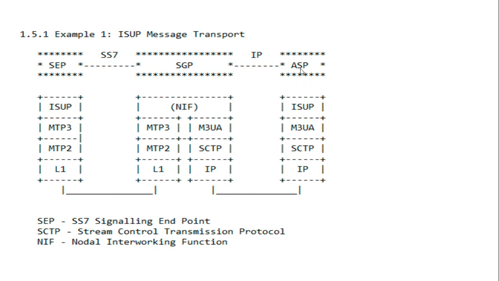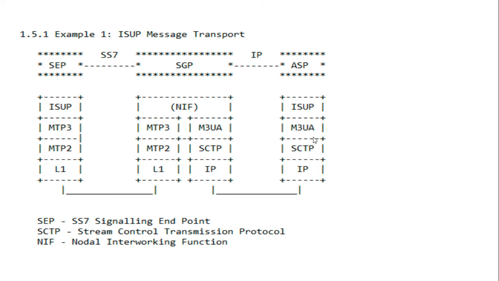Here you see the ASP is here. This is your application, which will communicate to a signaling gateway which is there in the operator premises. The operator gives you the IP details and point code details. You build an application which supports SIGTRAN communication. First, the SCTP association happens between these two nodes.